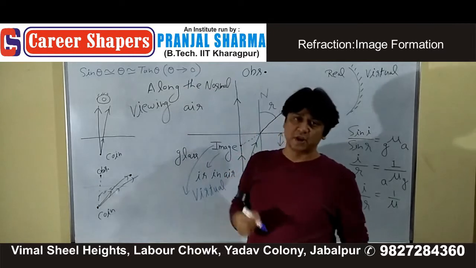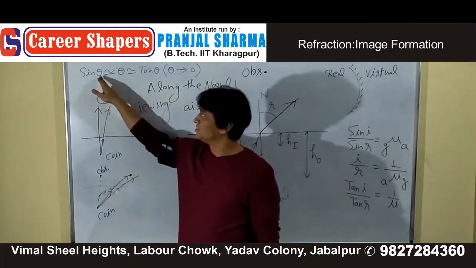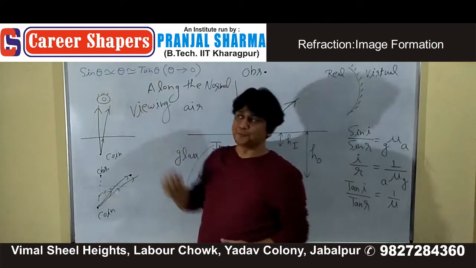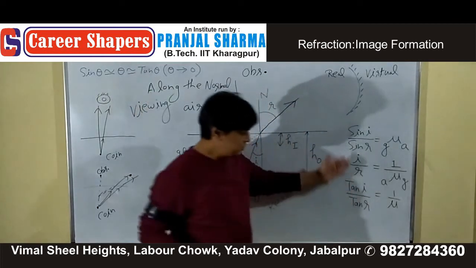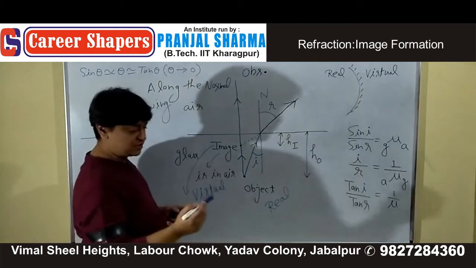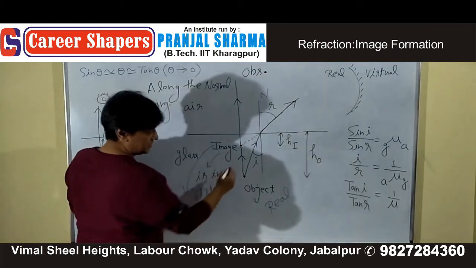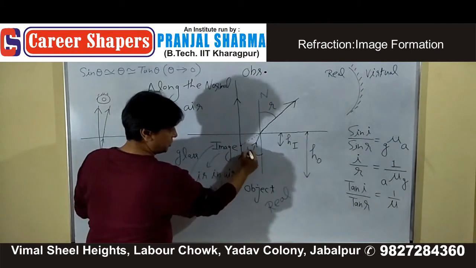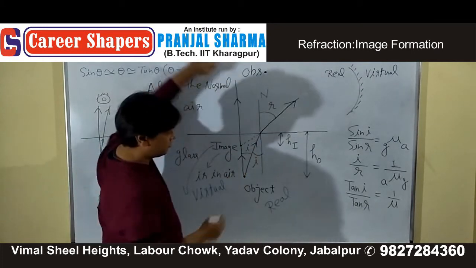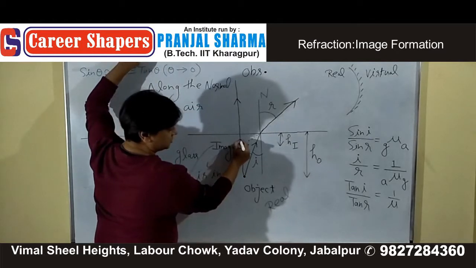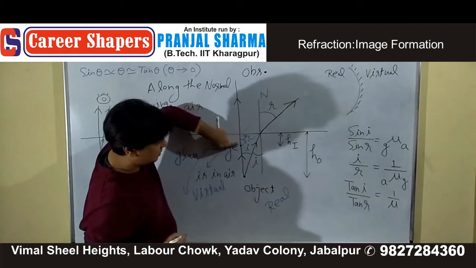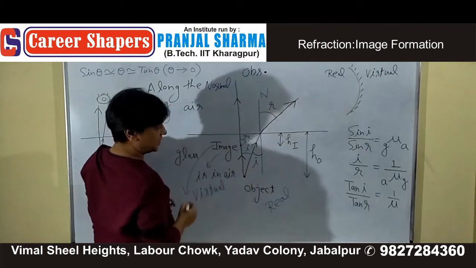If theta is very, very small, sin 0 is 0, which is what tan 0 is. Now, once you write tan I upon tan R, I hope you can see if this is I, this angle is also I. If this is R, then this angle is also R. This is I, this is I.